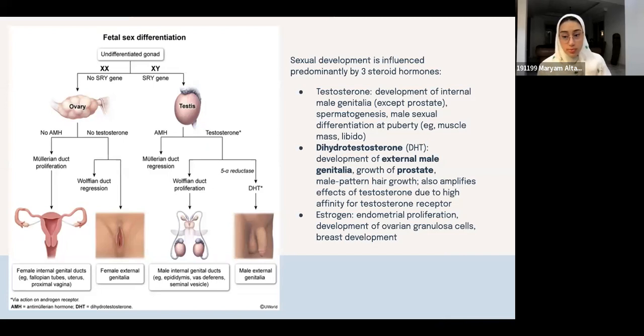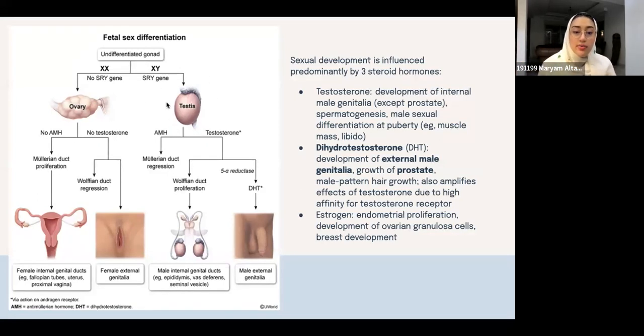The Y chromosome is what makes a difference, whereas females are 46XX. And the reason this is important is because this Y chromosome carries your SRY gene. And without your SRY gene, you just turn into a female. So essentially, all undifferentiated gonads are females unless this SRY gene is present, and then we develop into males.